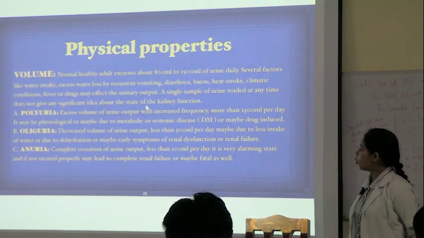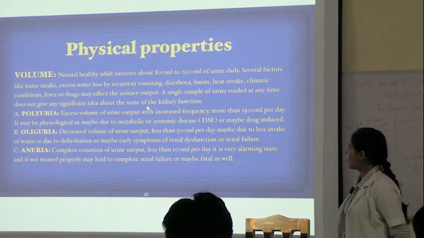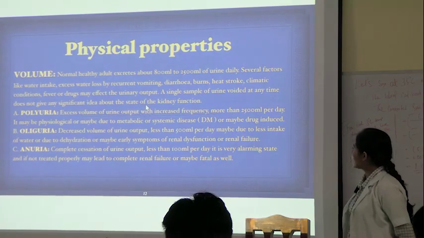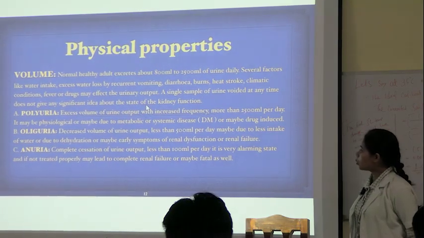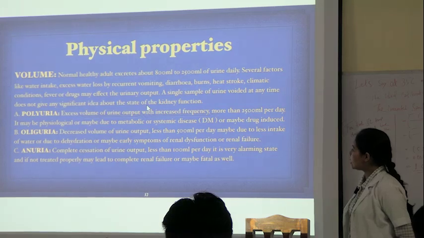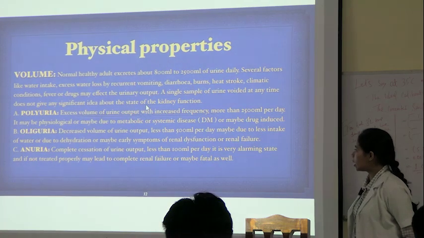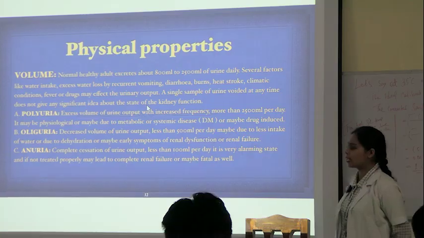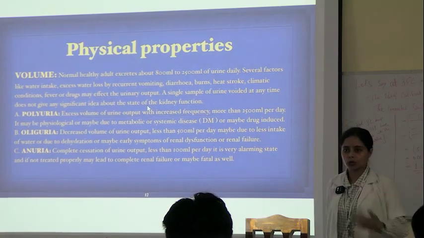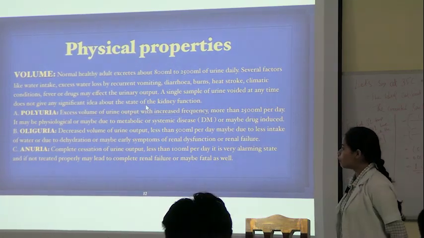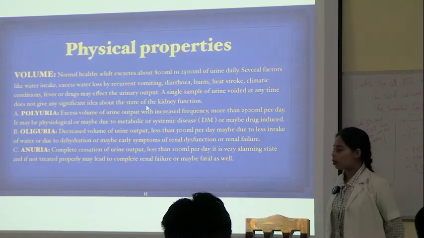Oliguria is decreased volume of urine output, less than 500 ml per day, maybe due to less intake of water or dehydration, or maybe early symptoms of renal dysfunction or renal failure. If you are taking less water, you will excrete less urine only. So physiological importance is there.